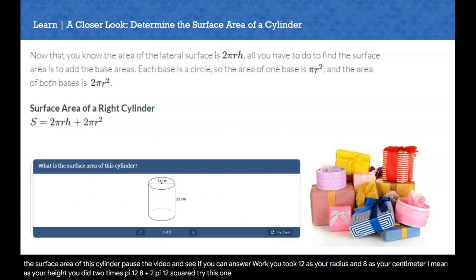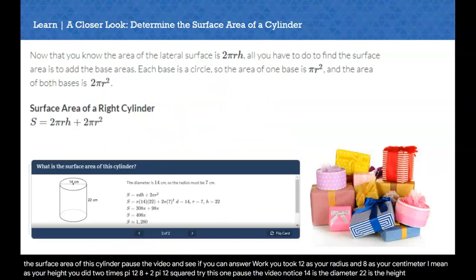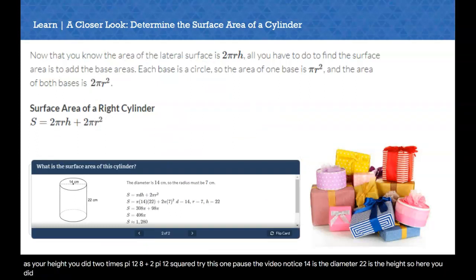Try this one. Pause the video. Notice 14 is the diameter, 22 is the height. So here you did pi times 14 times 22 plus 2 times pi times 7, which is the radius, squared.